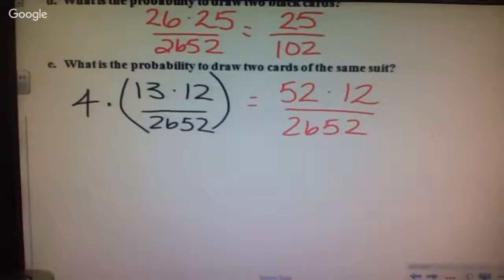So why wouldn't you go from 52 to 51? Because you have to pick the same suit. So once you pick a card, let's say you start with 52, you pick a diamond. You need another diamond. So that only restricts you down to 12 options, because there's only 12 diamonds left in the deck. That's why it's the first one. Okay. So you've got both ways to look at that.